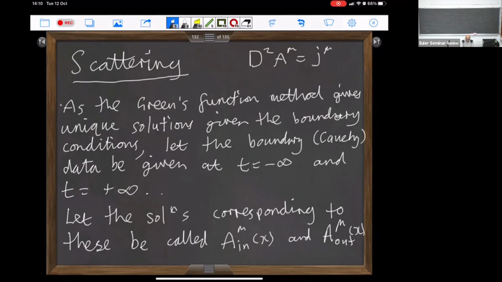So let's call those things, say if we're talking about Maxwell's equations, A initial and A final, or A in and A out. Those words are usually used interchangeably in field theory.